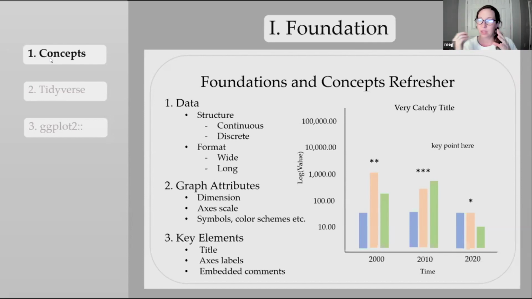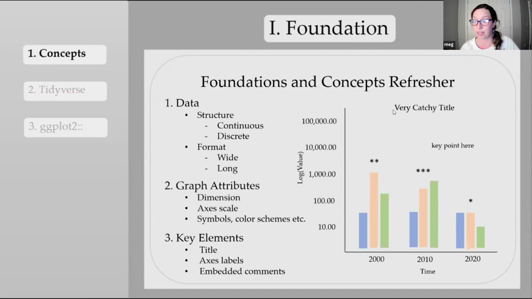The other thing to keep in mind is the graph attributes. What kind of dimensions do you have? What kind of axis scales do you have? And are you using symbols, colors, schemes? How are you communicating this story? And then finally, we want to consider the key elements of the graph. These are the titles in the graph.